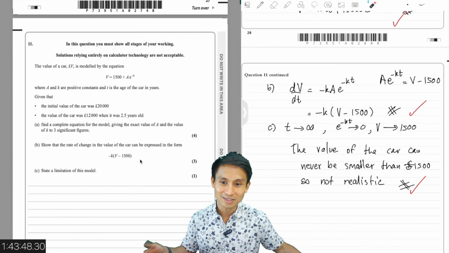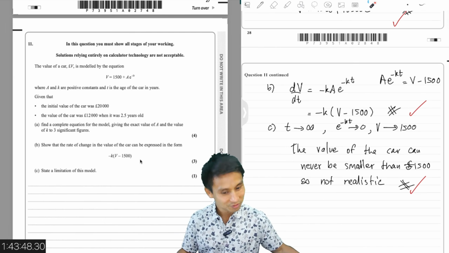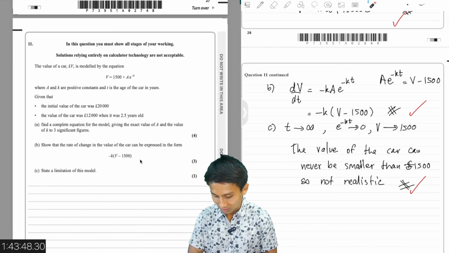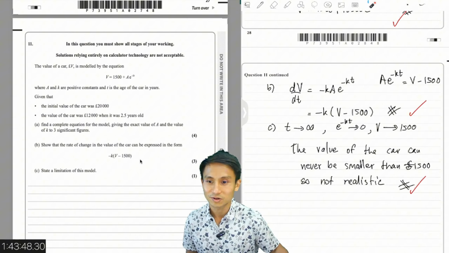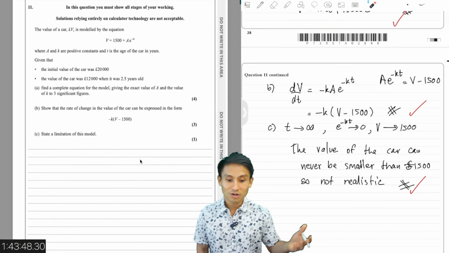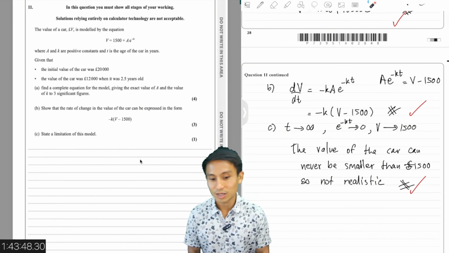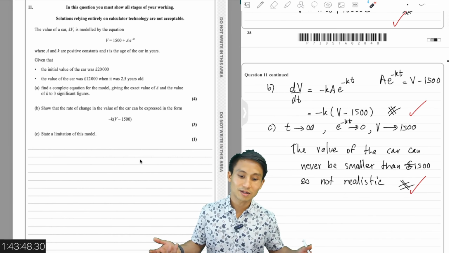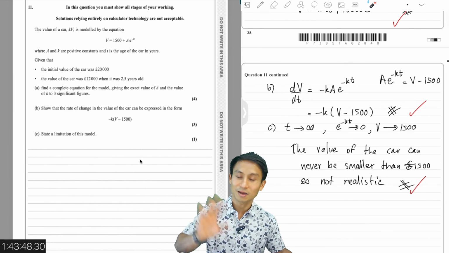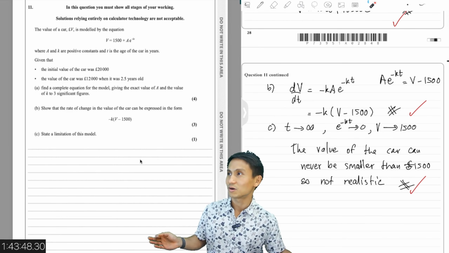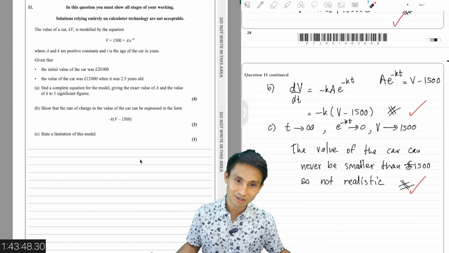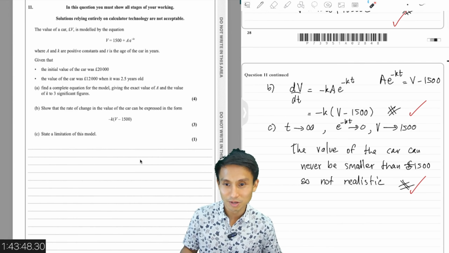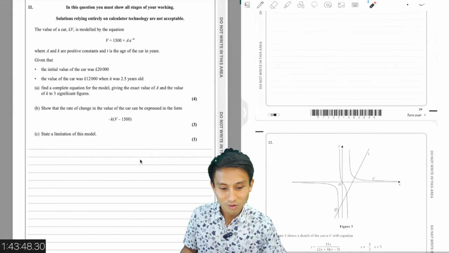They don't do anything to k, so we don't need to substitute k to anything, right? Don't rush in substitution. The limitation to the model, yeah, I checked that, and the value of the car can never be smaller, which is not realistic. I mean, basically, if you leave the car for tens of years, it's going to be worth nothing maybe. All right. Okay.